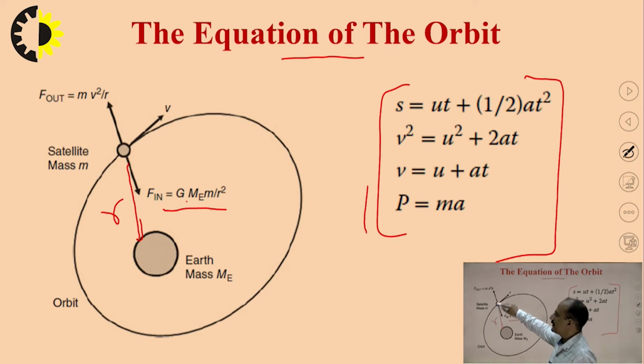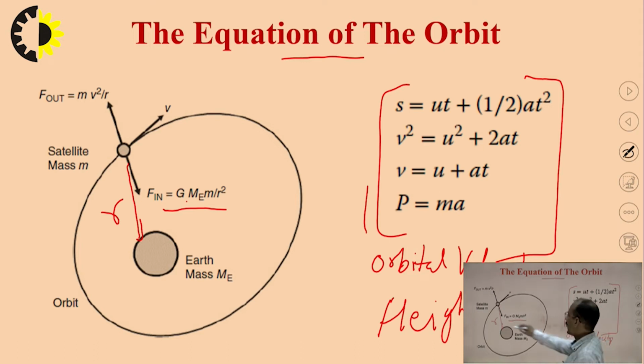The F out value comes from the kinetic energy of the stone or satellite placed in orbit, due to its velocity. So you can easily understand one point here: to maintain a satellite in its orbit permanently, two main parameters are required, and those parameters are orbital velocity and height.